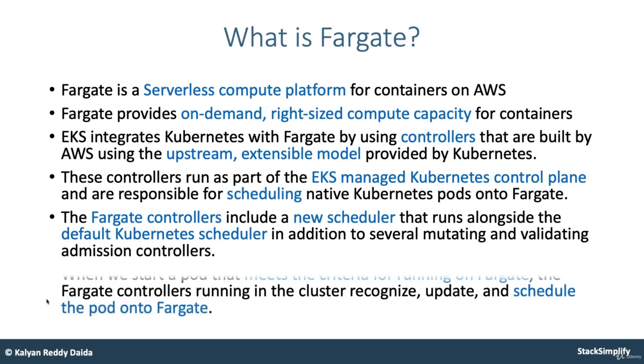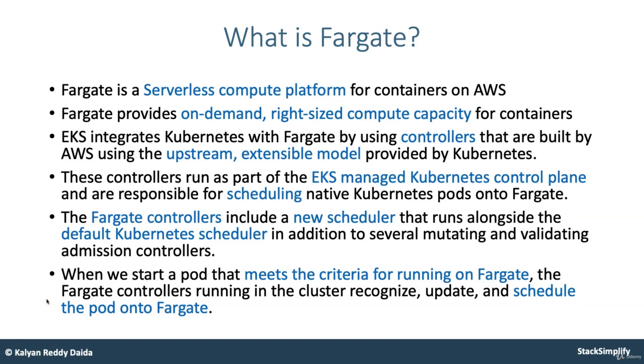So these 4 points are very important from a Kubernetes perspective on EKS in relation with Fargate. These 4 points I directly took from the documentation and pasted here.